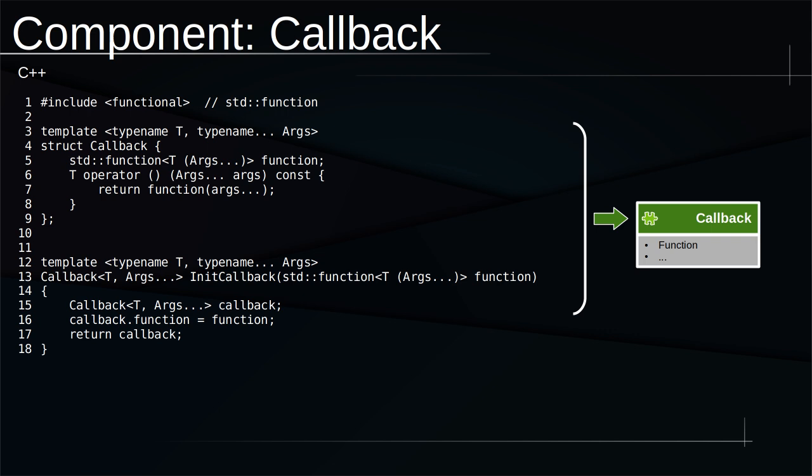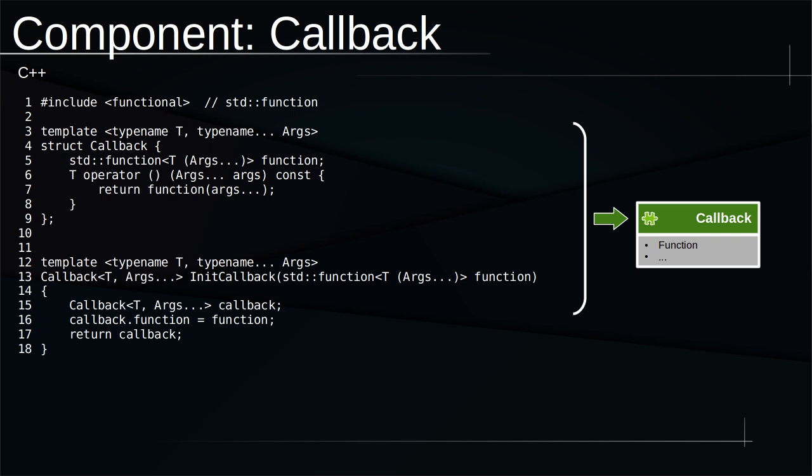I'm kidding. Then, in lines 6 through 8, we overload the parentheses operator so that we can call the struct just like a plain old function, and it'll automatically call the contained standard function. This is just a cleaner way of calling the function member variable. We can just call callback on a set of arguments instead of needing to explicitly call callback.function.